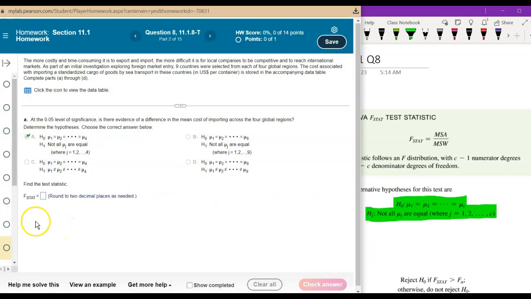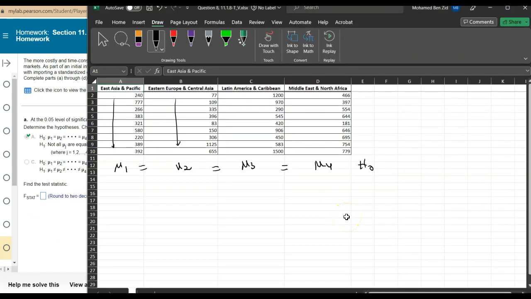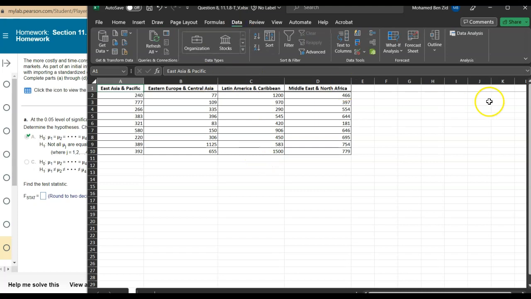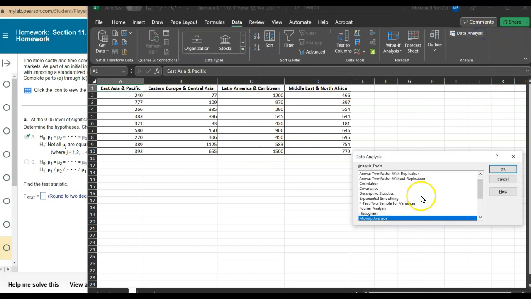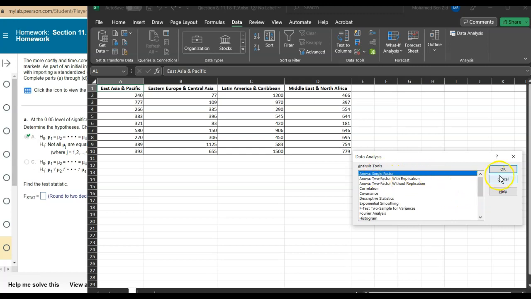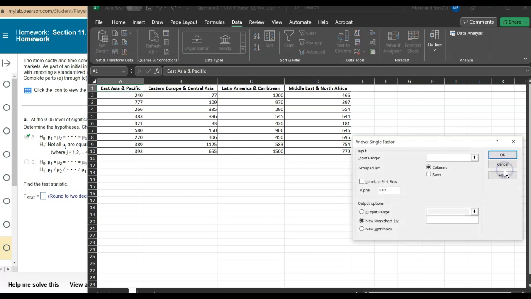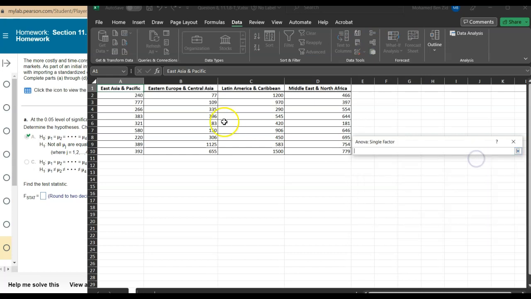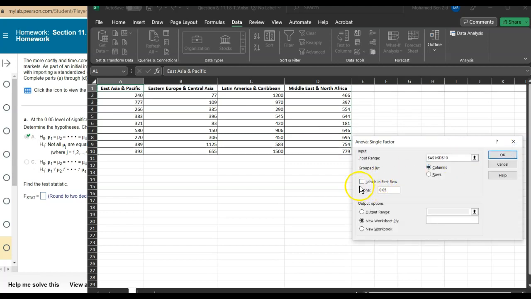Now they're asking about the F statistic, so I need to run the test. In order to run the one-way ANOVA test, you need to go to Data Analysis, and then all the way on the top you can see ANOVA: Single Factor, and say OK. We're going to choose the whole table, including the headers. Once you select the table, you select the labels.